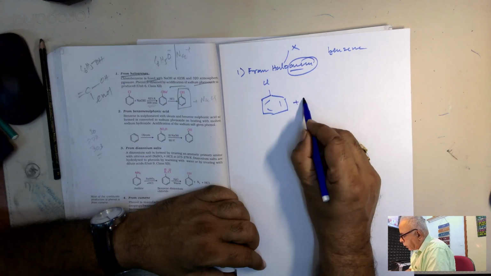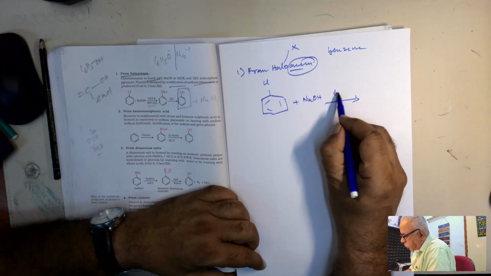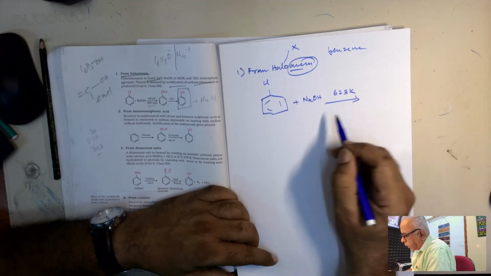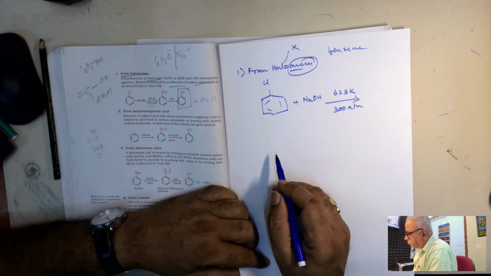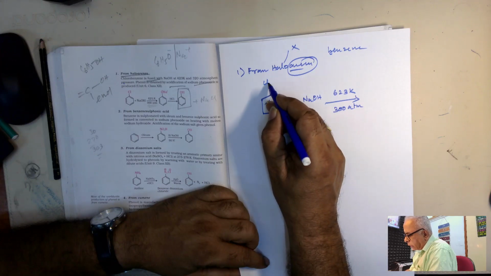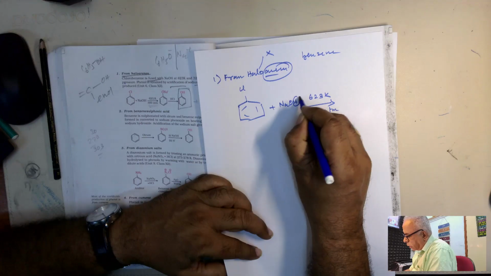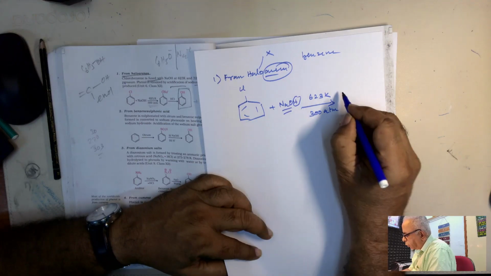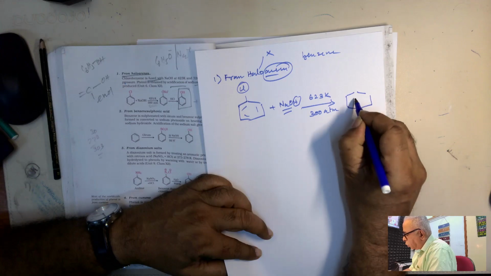Now this reacts with NaOH and the temperature is very important. So 623 Kelvin and 300 times the atmospheric pressure. So it forms, that is, this Cl is totally replaced by ONa.